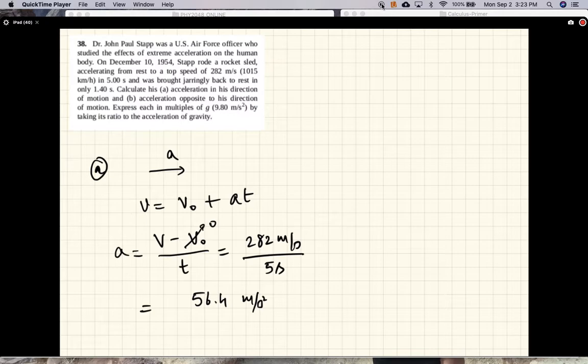And again, we will express this in terms of g, multiplying by 1 g over 9.8 meters per second squared. So what we're doing is dividing 56.4 meters per second squared by 9.8 meters per second squared times g.